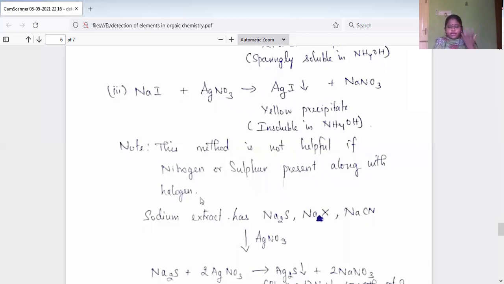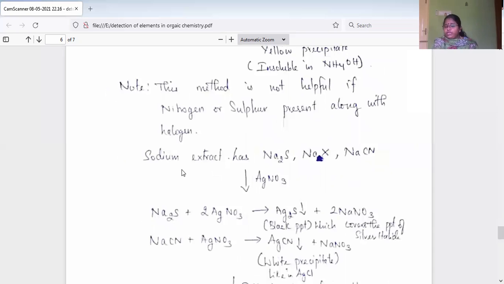If the organic compound has halogen and also has nitrogen and sulfur, we cannot do this method. Why? Because sodium reacts with sulfur and forms sodium sulfide, and sodium reacts with nitrogen and forms sodium cyanide. So when you add AgNO3 to this, instead of getting silver halide, you get silver sulfide, Ag2S, or silver cyanide.